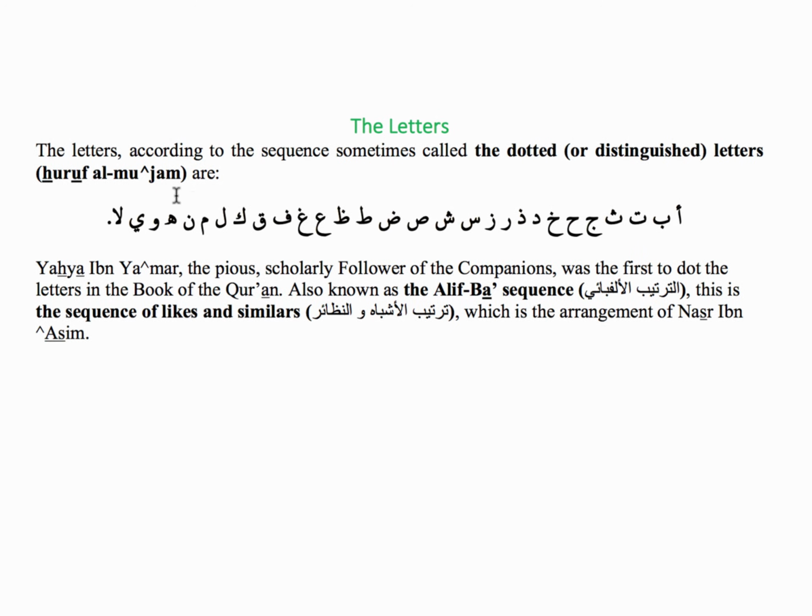It's also called at-tartib al-alif-ba'i, the alif-ba sequence. And it's also called tartib al-ashbahi wal-nazair, the sequence of likes and similars. That's because when this arrangement was done by Nasr ibn Asim, he did this to make it easier.